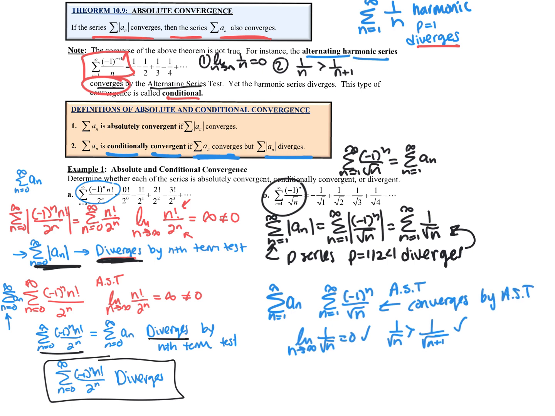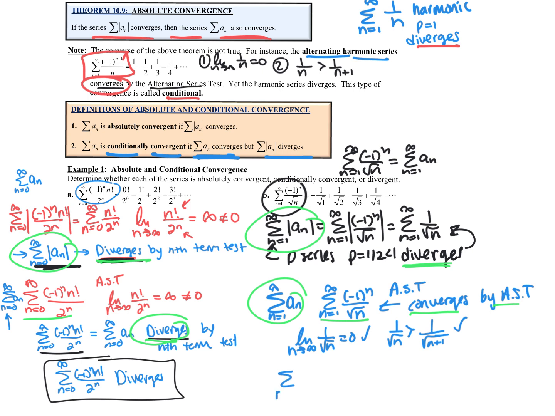So this is different. Over here, right, the original series diverged and the absolute value diverged. So that just diverged. But now the absolute value version diverged and the original series, the alternating series, converges. So this is exactly what we call conditional convergence.